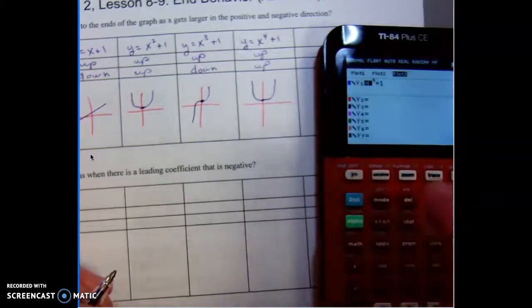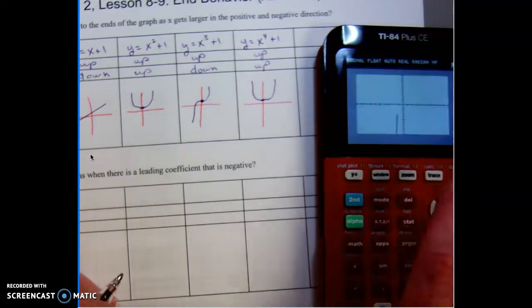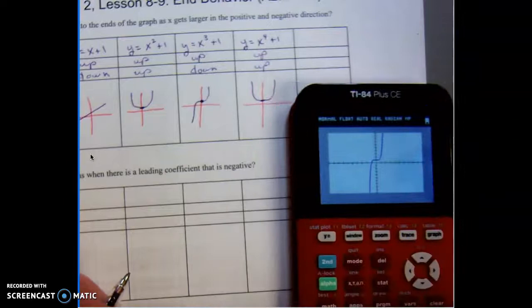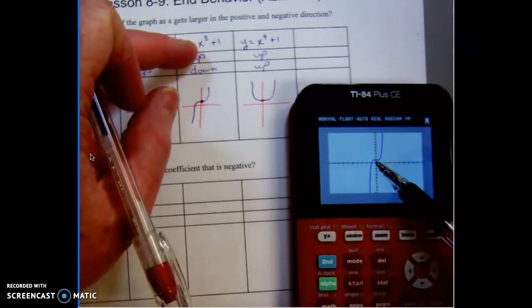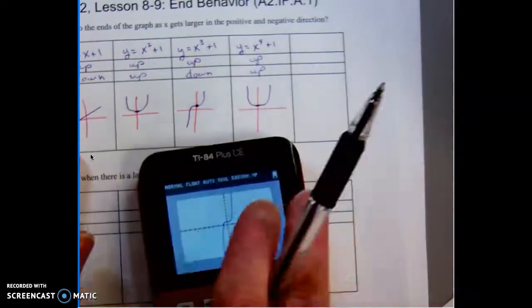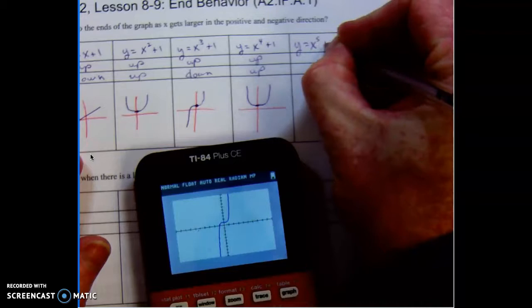Well, let's see what happens if we go to the fifth power. So let's graph it. Okay, so it looks very much like x to the third, except again, it's flatter right there where it crosses. So we got y equals x to the fifth plus 1.